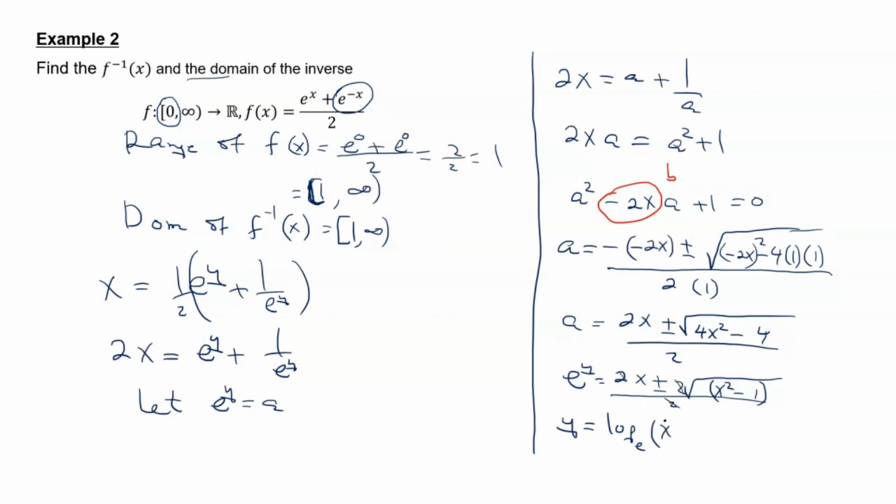I'll take the positive because the range is only from 0, so I'm just not going to include the negative. So the negative is not included. Therefore, the inverse equals the result, and that's it.